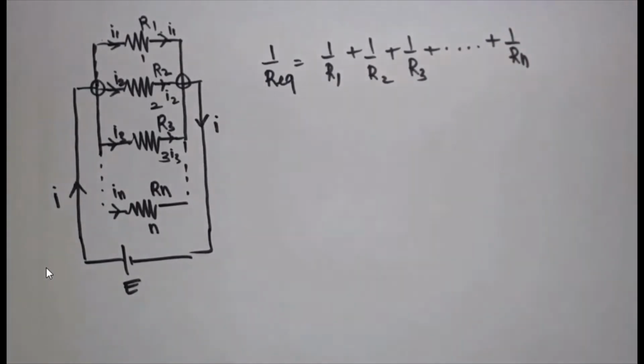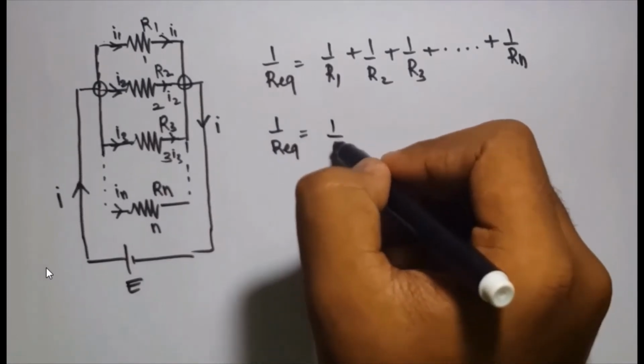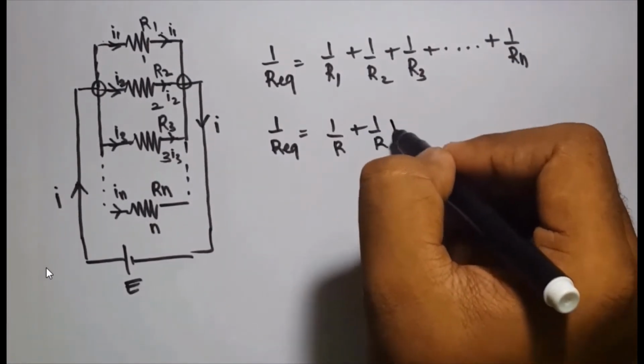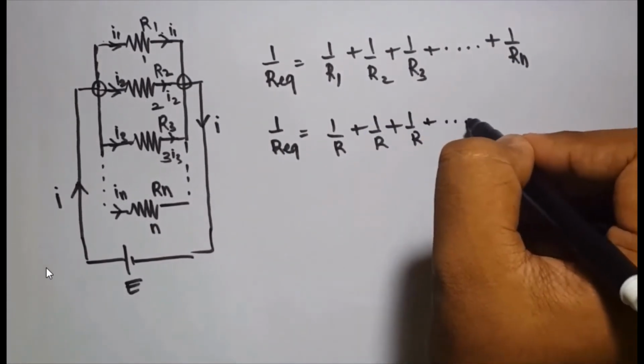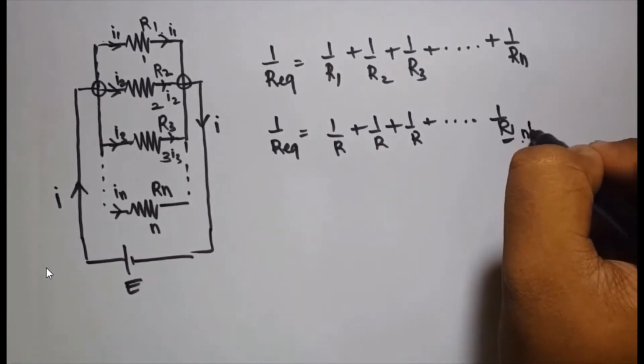So when n equal resistors are connected in parallel, 1 by R equivalent becomes 1 by R plus 1 by R plus 1 by R plus and so on plus 1 by R. This is the last resistor, the nth resistor.